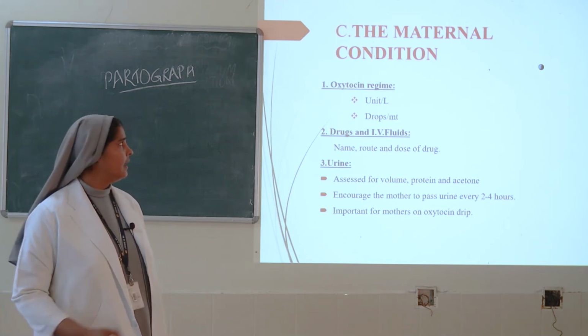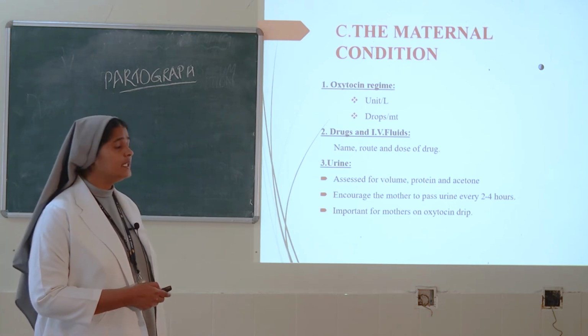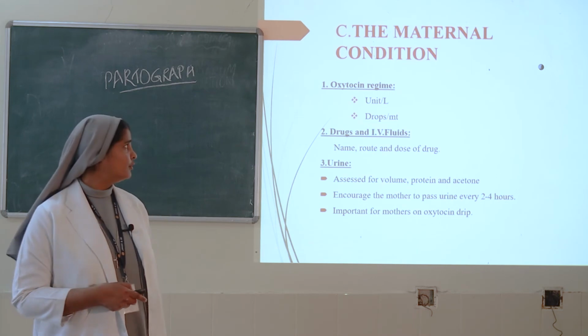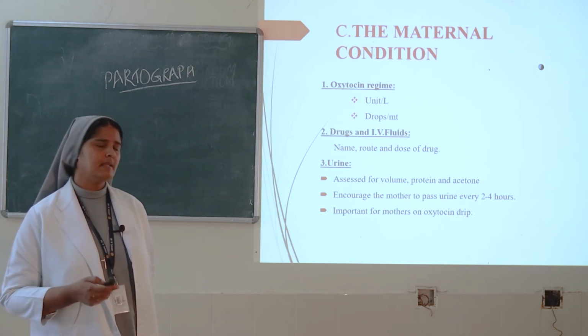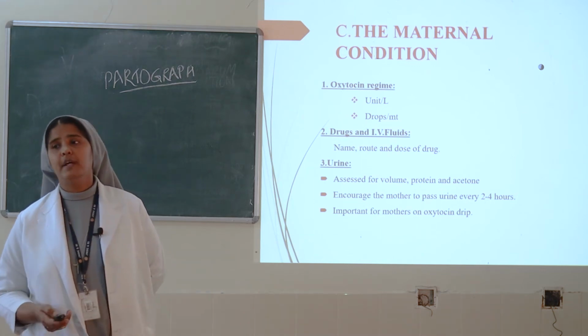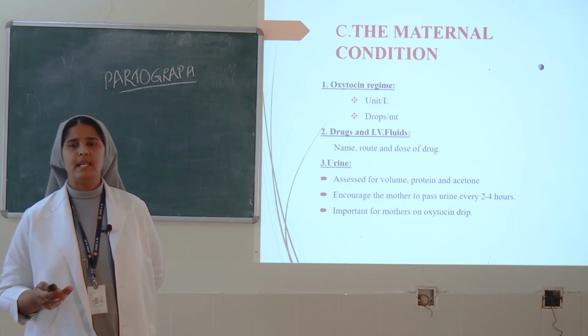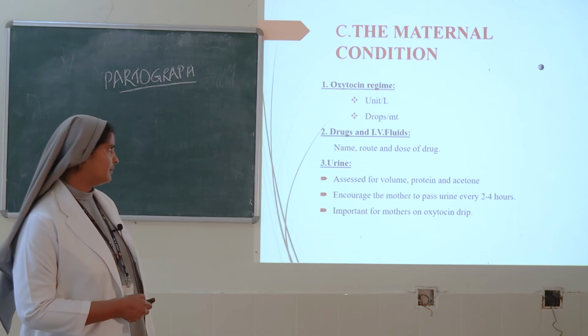That we can write in the partograph, that is how many units we are adding into the IV fluid, and how many drops we are infusing to the mother. We can assess how many drops, whether it is 5 international units or 2.5 international units, or whether it is 8 drops, 16 drops. Whatever it may be, you can write it in the partograph.